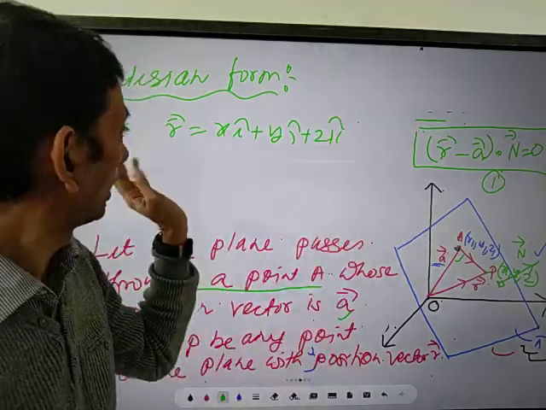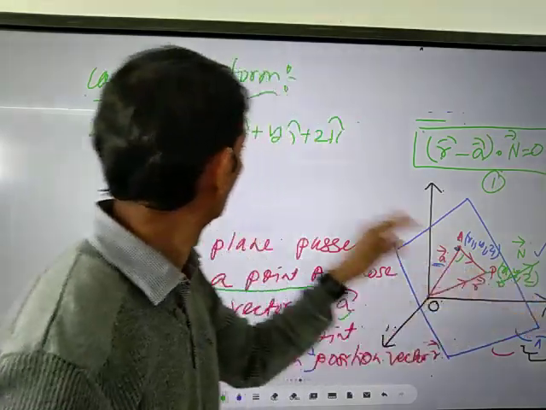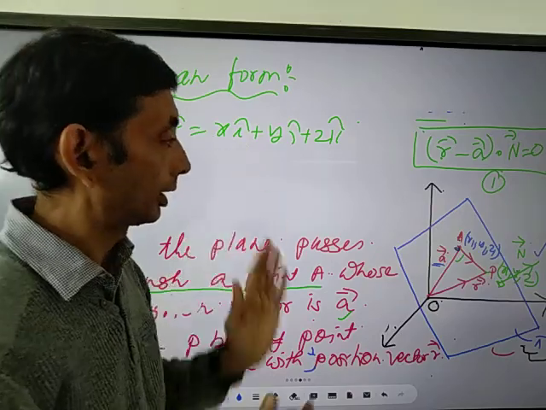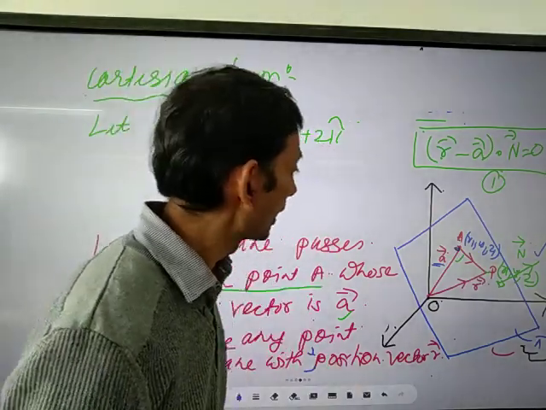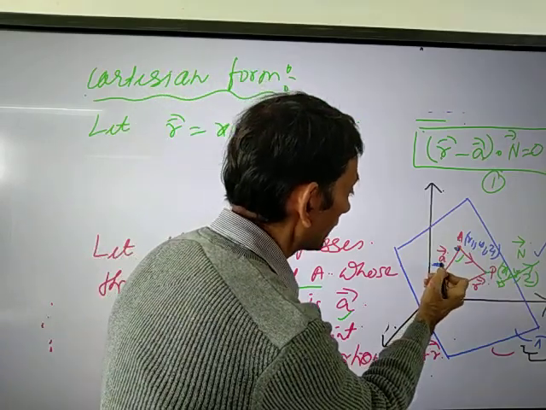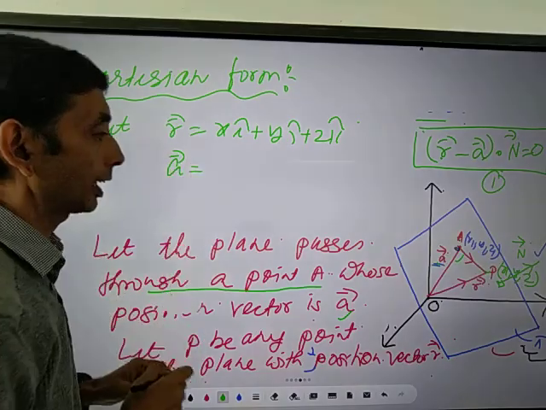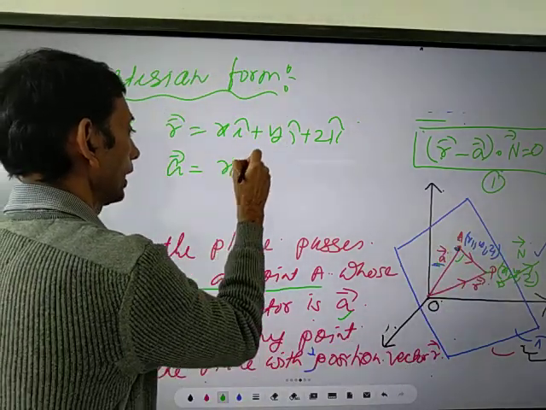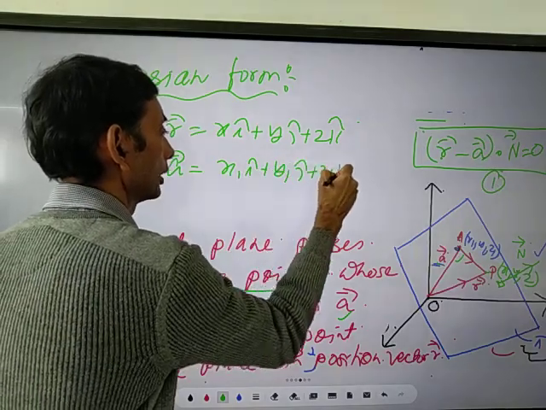Similarly, this vector A can be written in terms of x1, y1, z1, as x1 i cap, y1 j cap, and z1 k cap.